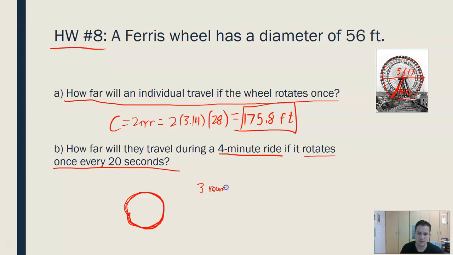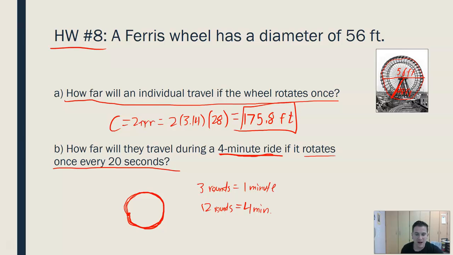So 3 rounds is 1 minute. Well, I'm on a 4-minute ride, so I'm going 4 times this many rounds. So in 4 minutes, I'm going to go 12 rounds. So I'm going to go 12 times around this Ferris wheel in 4 minutes.